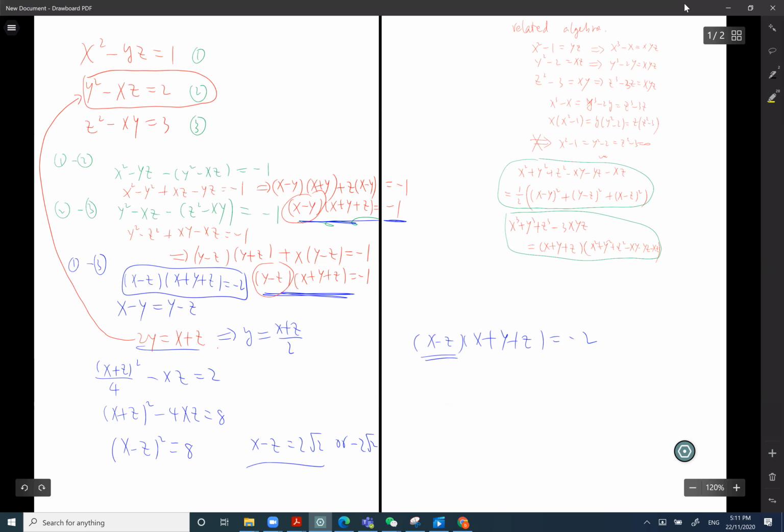This part is 2 root 2. y is just half of (x plus z). Here, y is just half of (x plus z), negative 2. So you have x plus z.